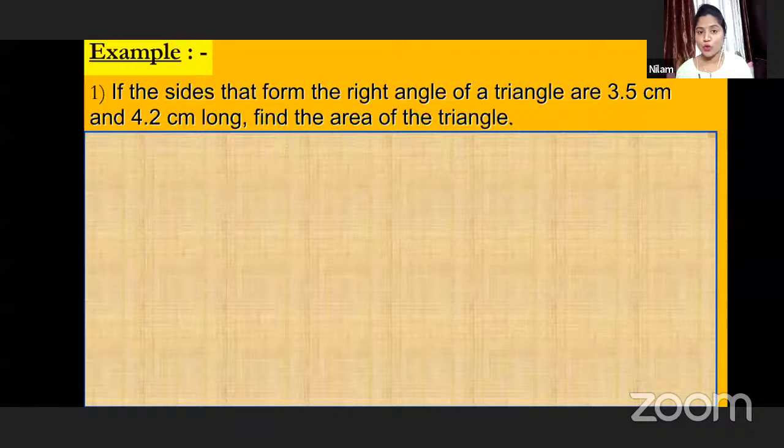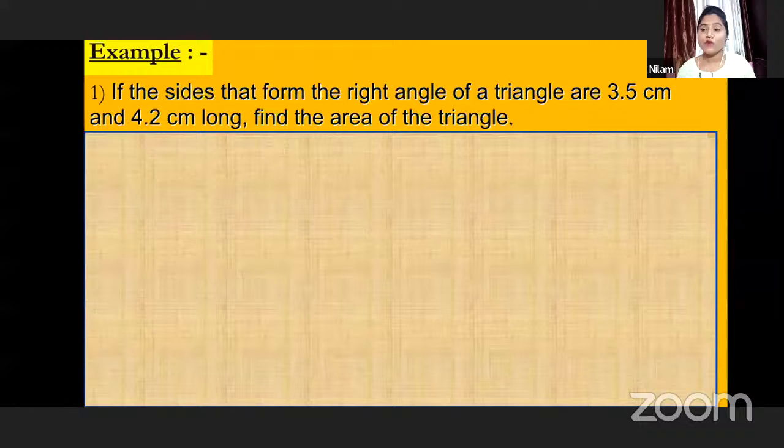We have learned two formulas for finding out the area of a right angle triangle. Can anyone tell me what is the formula that we have learned just now? Yes, the formula is half into base into height. Yes, very correct, very right. The formula that we have learned is half into base into height.